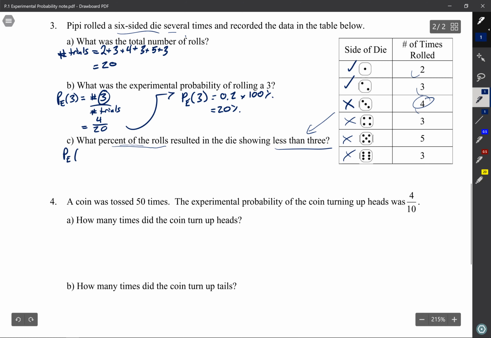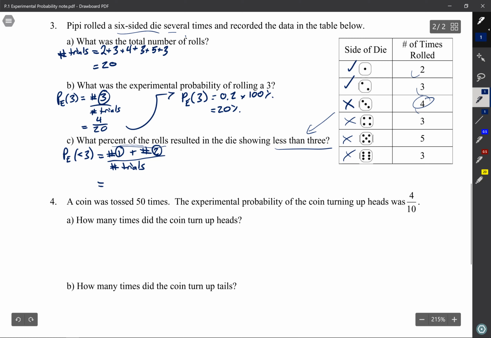Experimental probability, this time it's not of 3, but it's of less than 3, equals the number of successful trials, which in this case is the number of times we roll a 1, or the number of times we roll a 2. So we're going to add those together, divided by the total number of trials.